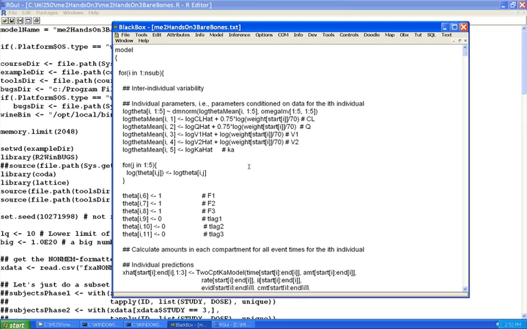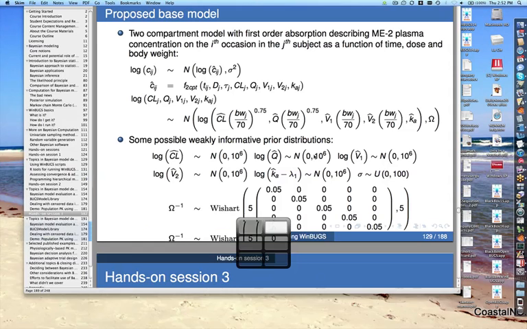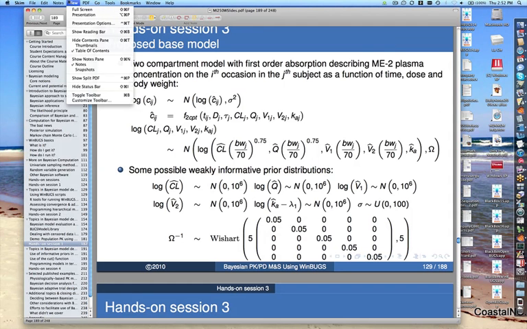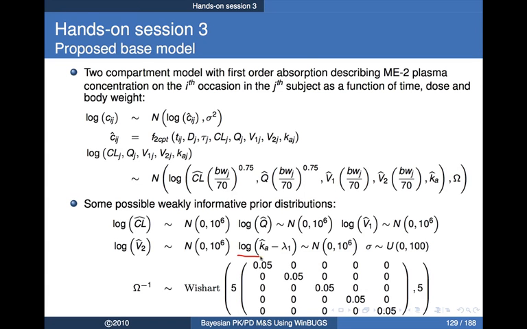So the other complication that I didn't deal with is the one implied right here. In fact, let me enlarge this so I can highlight it. Notice I had put the prior not on Ka, but on the difference between Ka and lambda 1.